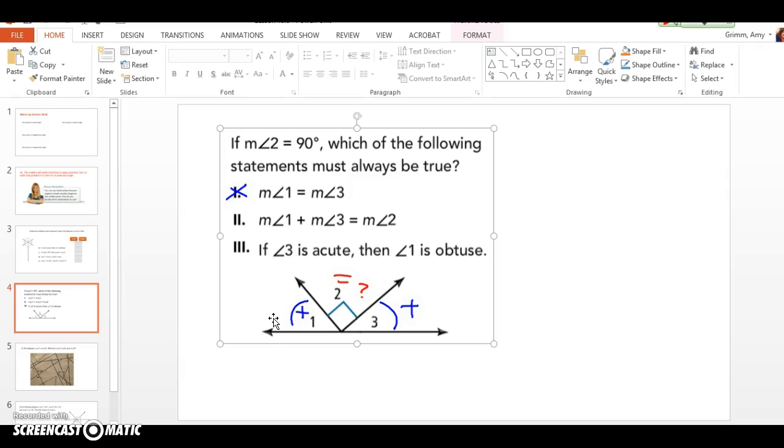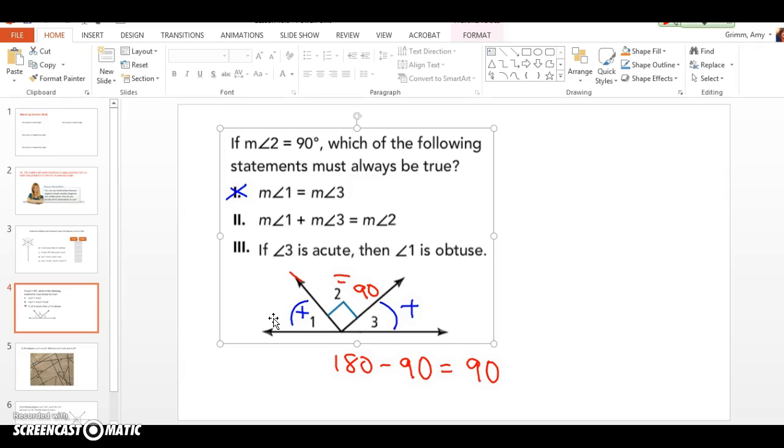If angle 2 is 90, you can subtract 90 from 180, you would get 90, so that means that both angles would equal up to... I got lost. You're right. You're right.